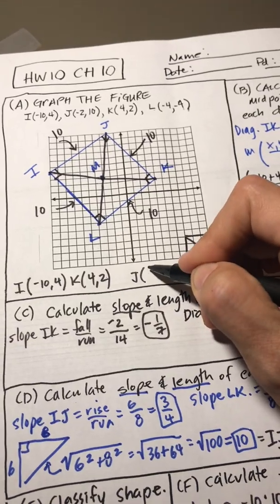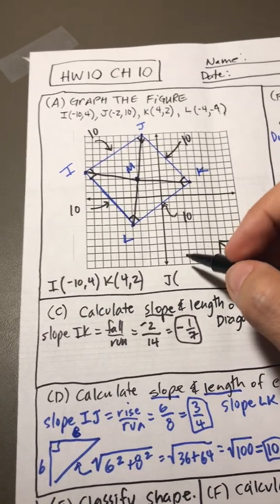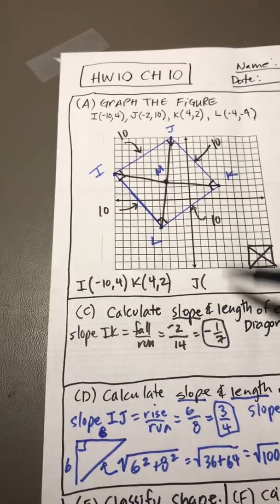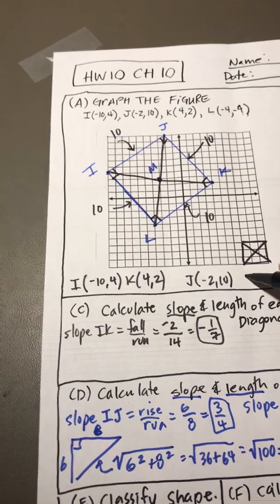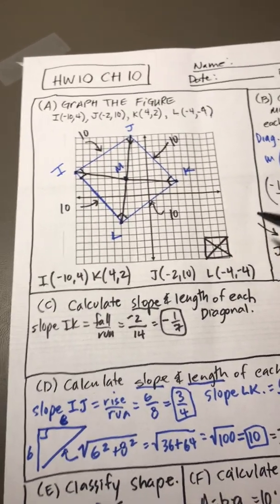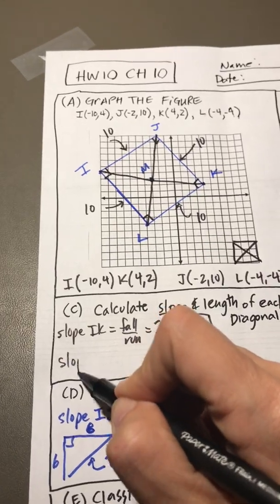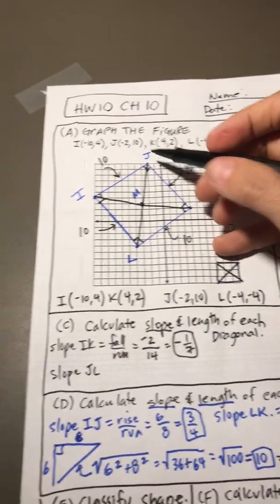Now I'm going to find the slope of JL. Just to rewrite, I like to rewrite the coordinates if I need to use them later. Actually, I'm not going to use it, so that's a little bit of a waste of time, but I'll do it anyway. If you want to use the formula, recopying is a really smart way to go. Okay, so the slope of JL, it looks like it's going uphill, doesn't it?